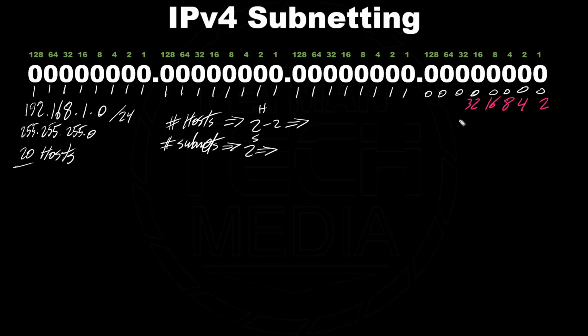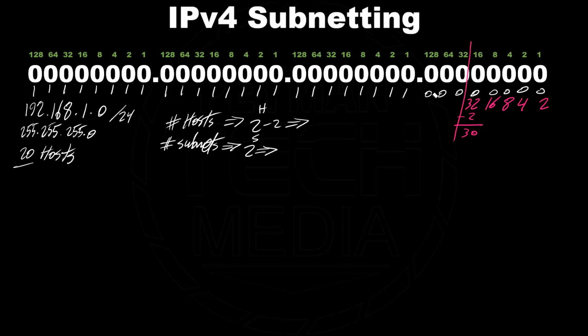Here minus 2 gives us 30. Very good. They're asking for 20 hosts, so here it's perfect. We can just stop here for the number of host bits, the number of zeros, because if we stop at 16, it's not enough.